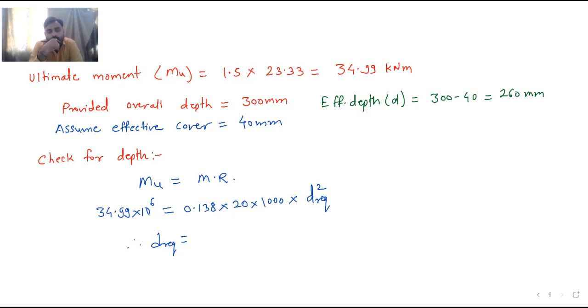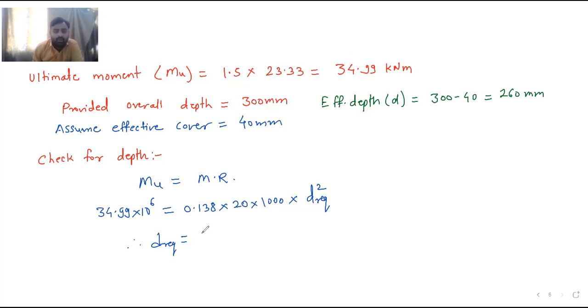356. Please check the calculation once again. 356.05. The bending moment is only near about 35 kilonewton meter, no? It is not 100 also. 112.59.